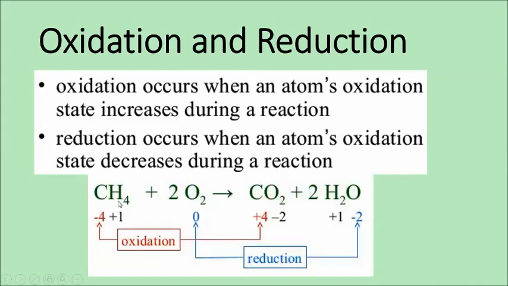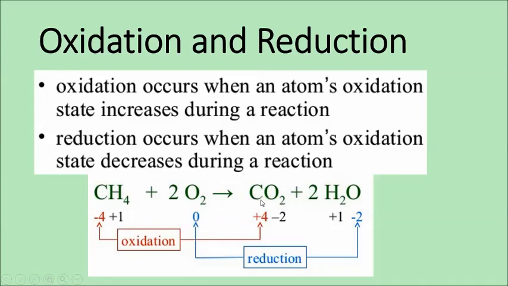With this example we can understand: methane plus oxygen giving carbon dioxide plus water. Here each atom has an oxidation state. Carbon is in the -4 oxidation state and hydrogen +1. Oxygen is in its elemental state, so it is 0.